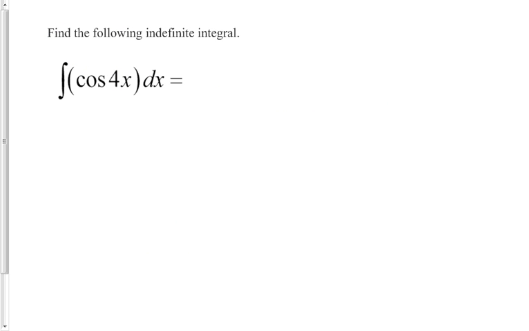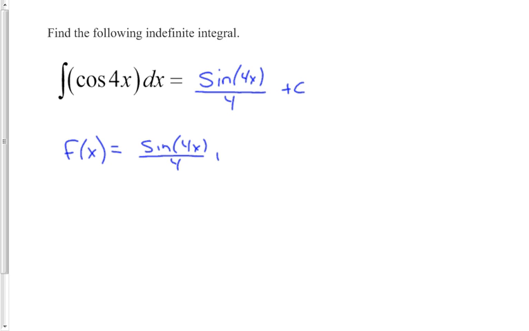Okay, here's another one. We've done a problem like this before. So I think, well, what do I take the derivative of to get cosine? Oh, it must be sine. So it'll be sine of 4x. Don't forget we have to divide by 4, plus c. So if I think in reverse, capital F of x, my indefinite integral, is the sine of 4x over 4 plus c.